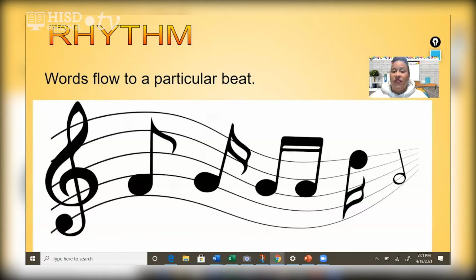Little Miss Muffet sat on a tuffet, eating her curds and whey. Do you hear the beat? The beat is the way that the words flow. Humpty Dumpty sat on a wall. When you are reading poetry, many times you will hear the rhythm.